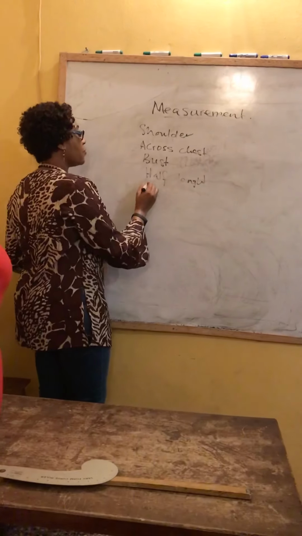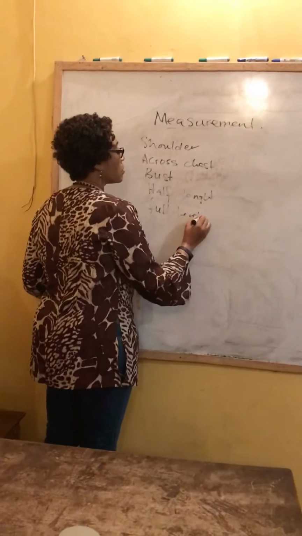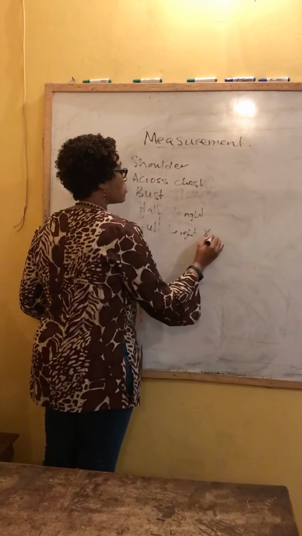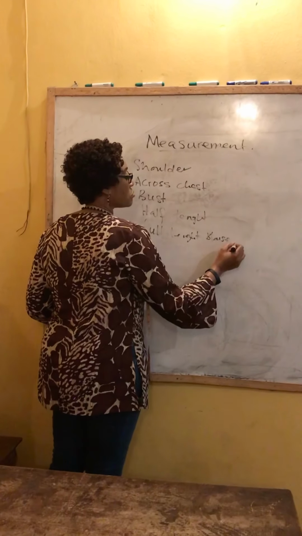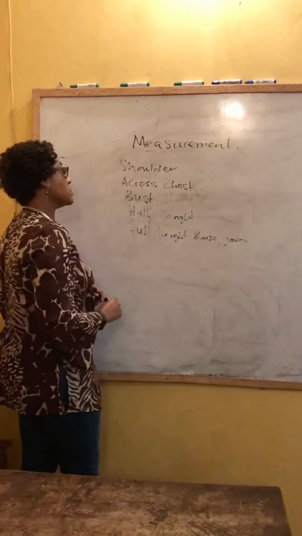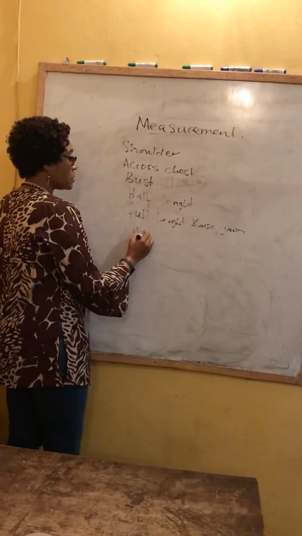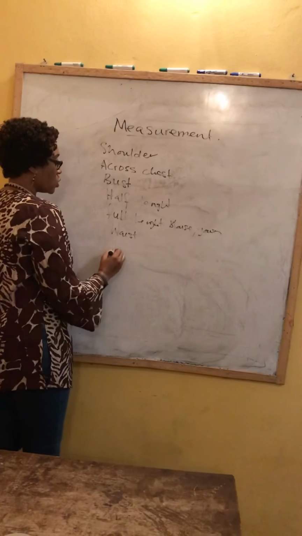And then we have the full length of your blouse, your gown, whatever you are making. You also need your waist measurements. You need your hip measurements.